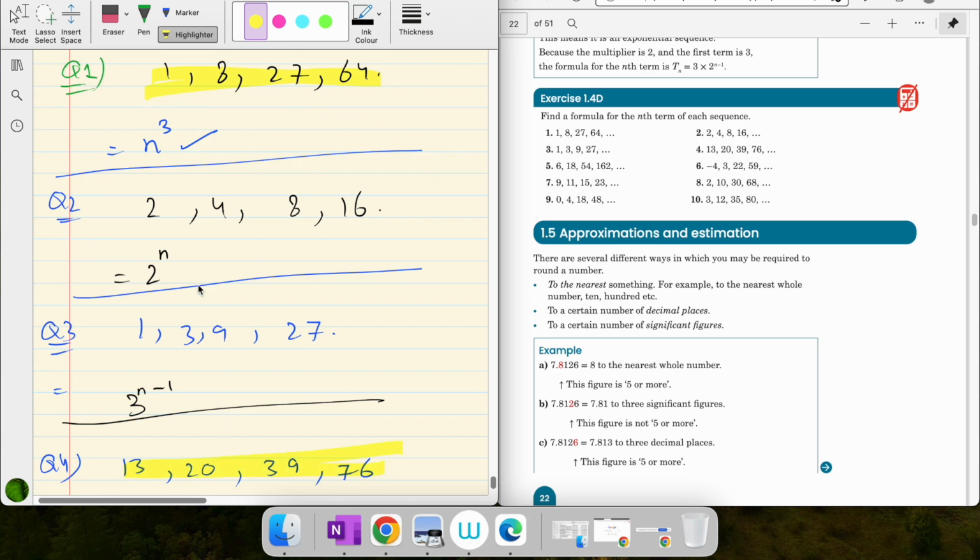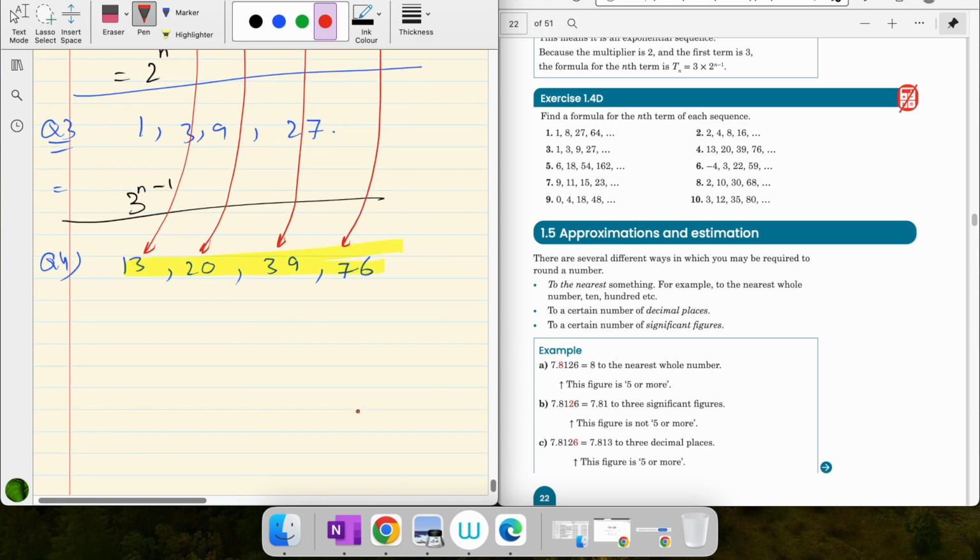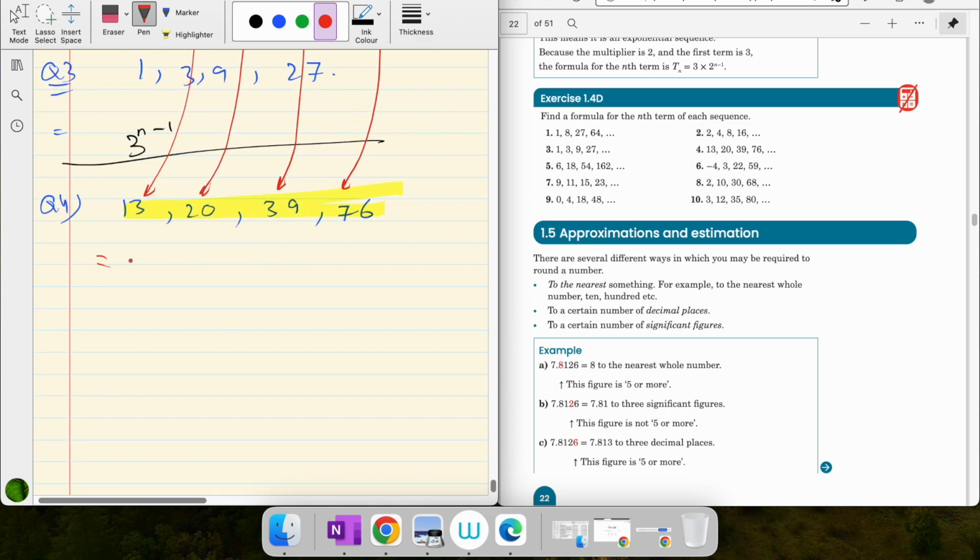If I compare both of these, every term is 12 more than the first question. One plus 12 is 13, 8 plus 12 is 20, 27 plus 12 is 39, and 64 plus 12 is 76. So this sequence is n cube plus 12.